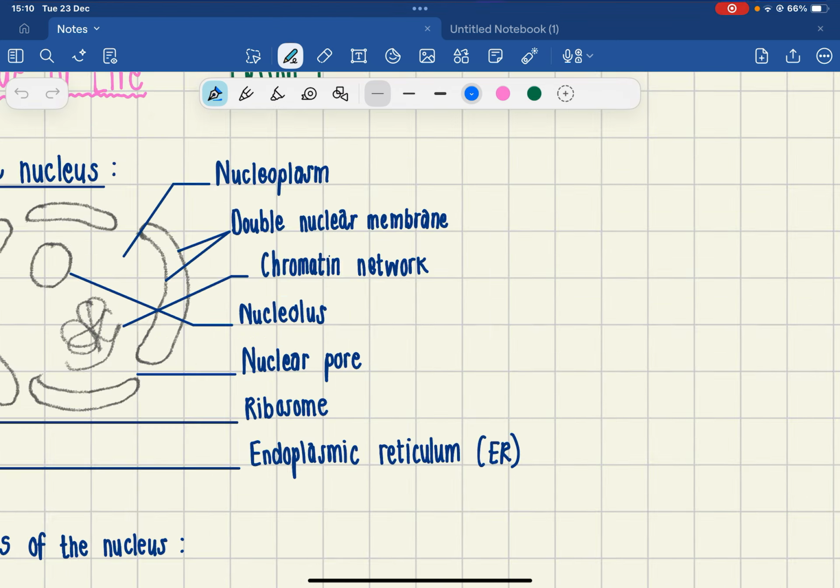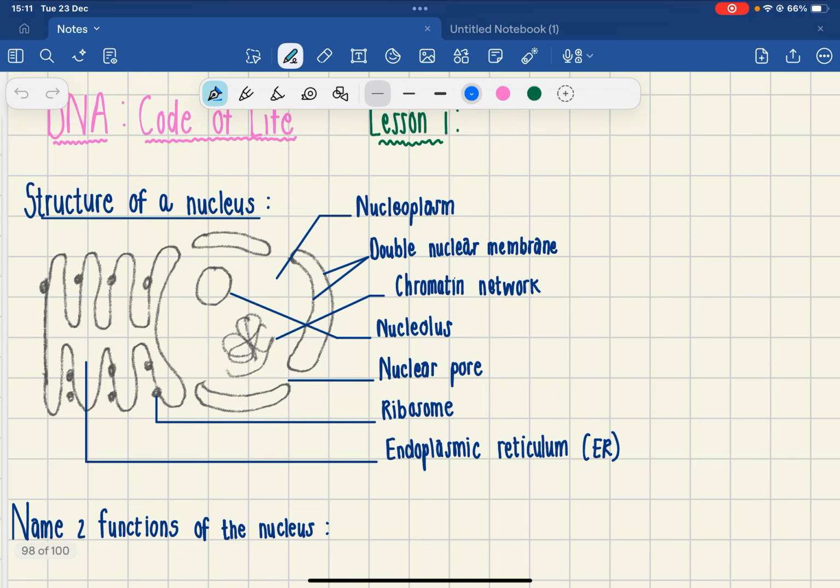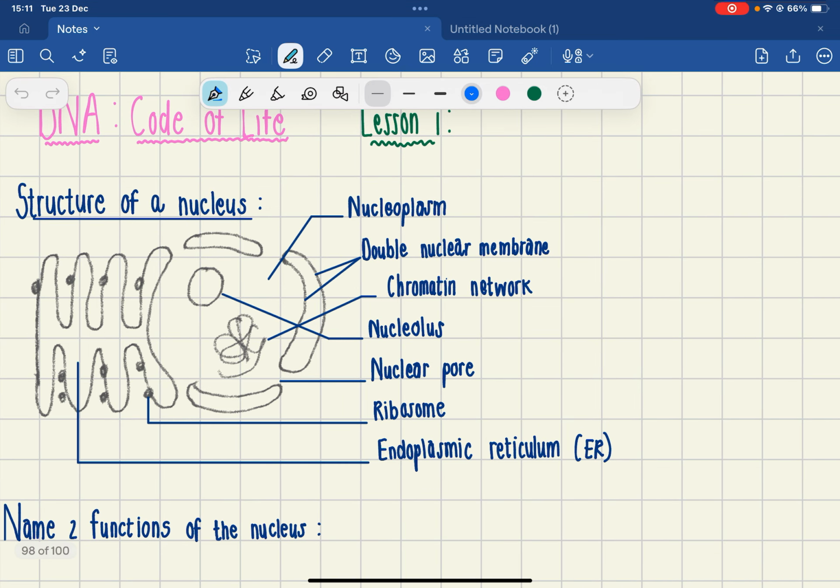So now, grade 12s, we are going to start talking about the DNA code of life. Boys and girls, we first have to start by finding out where we'd usually find DNA, and that's in the nucleus. This is the structure of the nucleus. Know it exactly as it is.